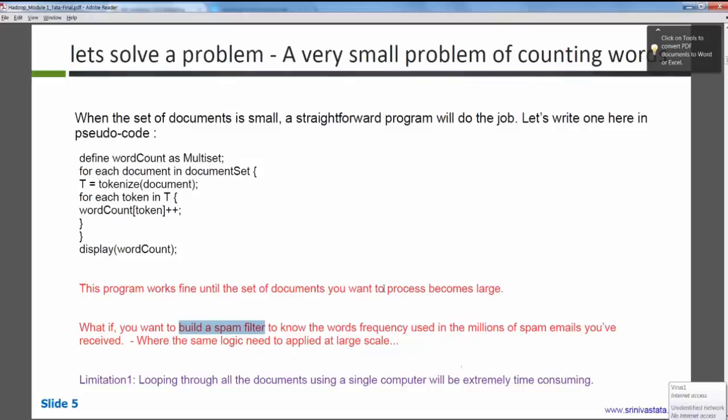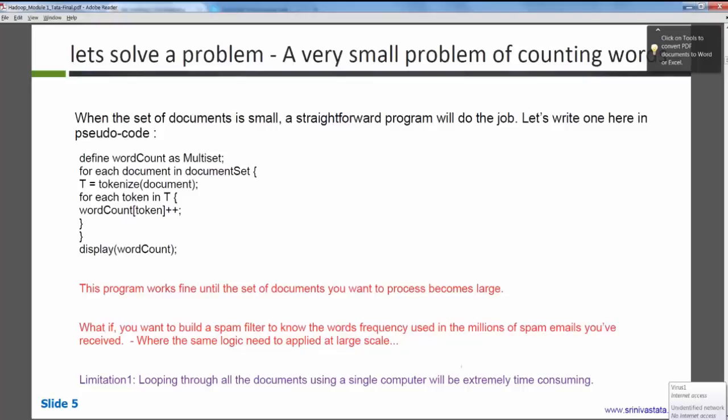Excellent. You know everything about a spam filter. To build a spam filter, you need to watch through millions of emails and there will be billions of words. If any of these billions of words appears in those millions of emails, you need to classify that email as spam.